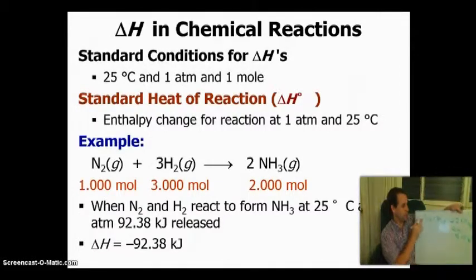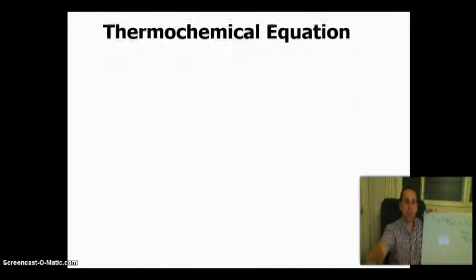So 1 mole of nitrogen gas combines with 3 moles of hydrogen gas to produce 2 moles of gaseous ammonia, and the negative sign means it releases 92.38 kilojoules of energy. This process releases that much heat energy. That's what the delta H says. Okay?